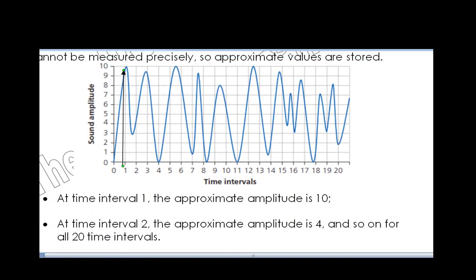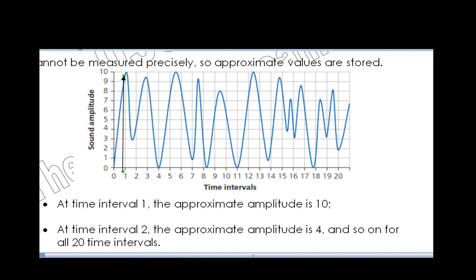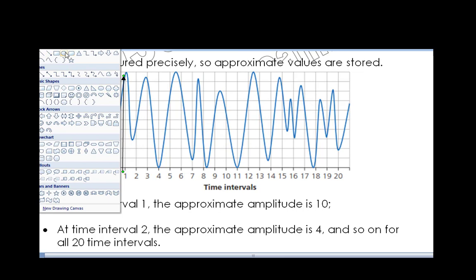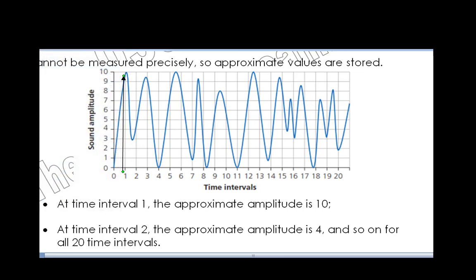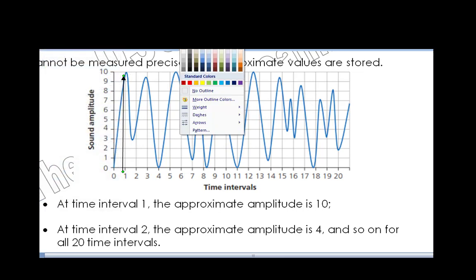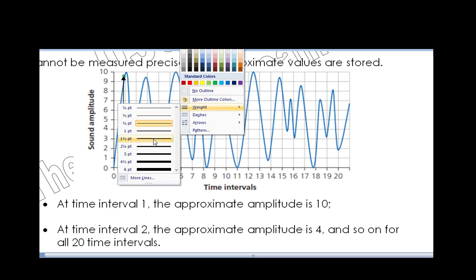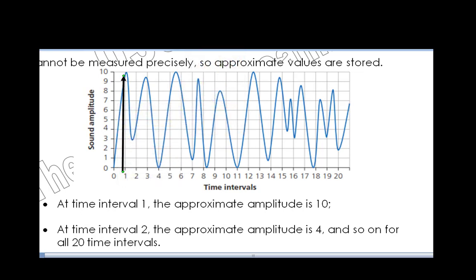Here you can see the highest peak is 10. So let me draw it. Let me increase the thickness so it is visible for you. So the highest peak is 10.